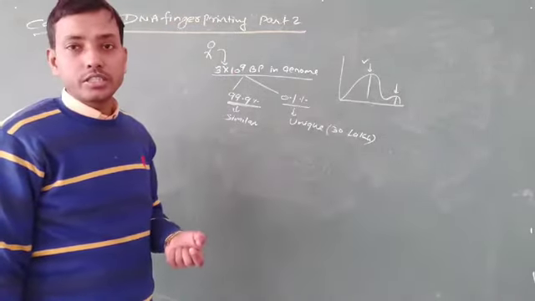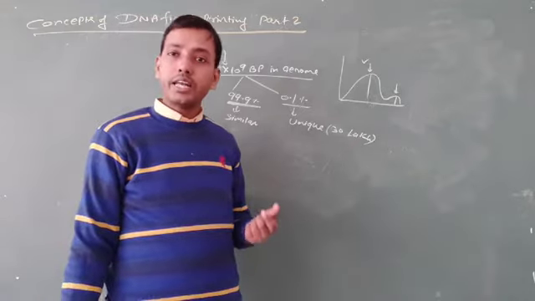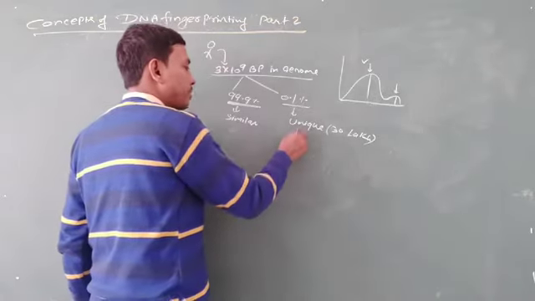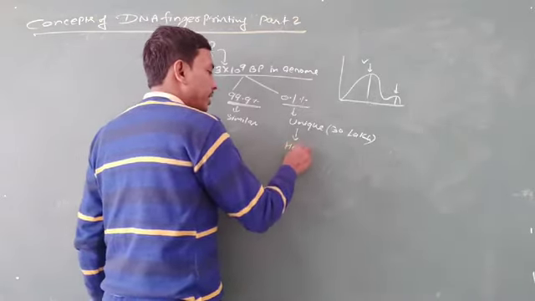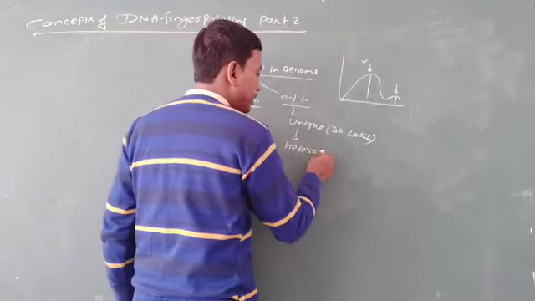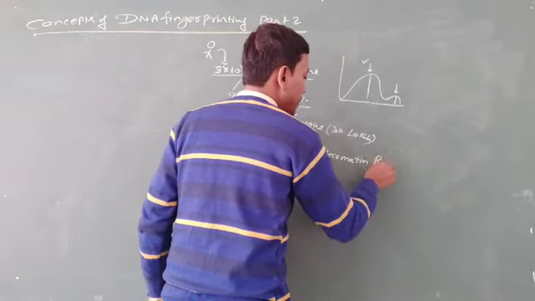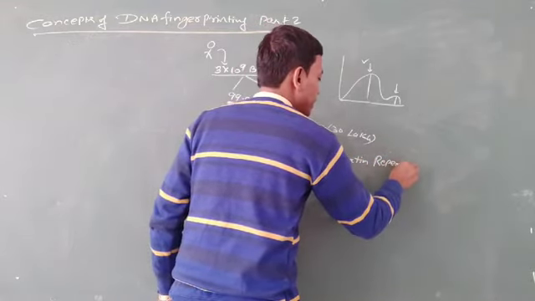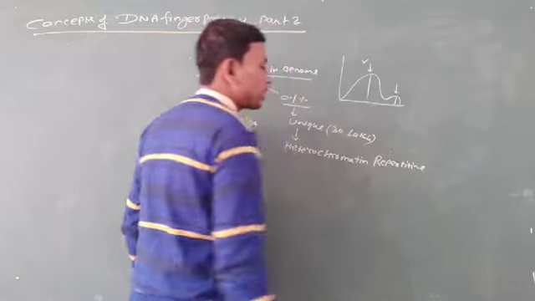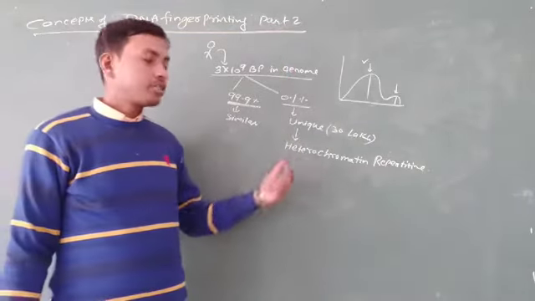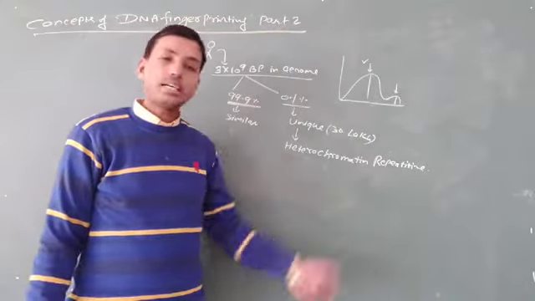What does this 0.1% DNA actually consist of? Listen carefully. Actually, this 0.1% DNA consists of heterochromatin repetitive DNA. So let us talk first about what is heterochromatin, and later the repetitive DNA.